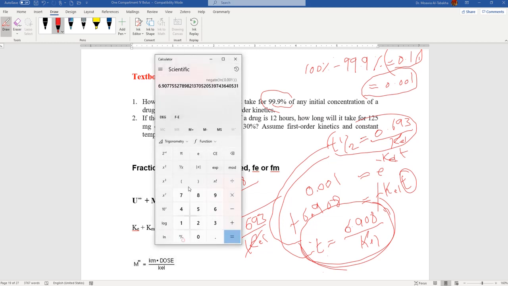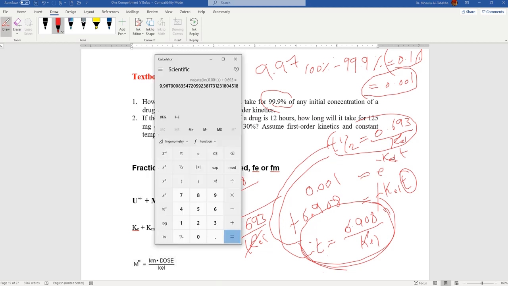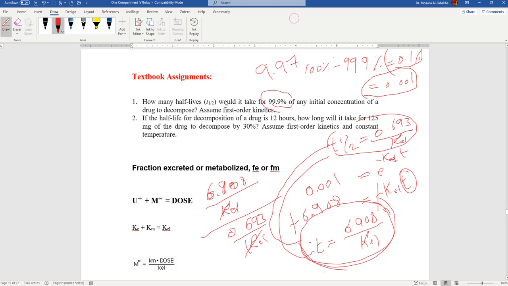So here I will do that. شوفوا, it tells you that you need 9.97 half-lives. Almost 10 half-lives you need for the drug to be eliminated or decomposed 99.9%. Is that clear?